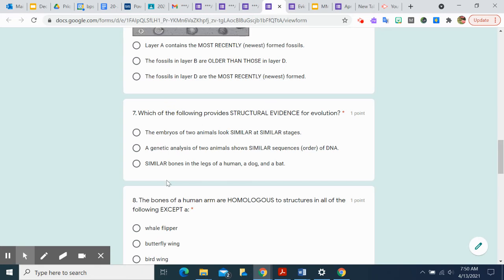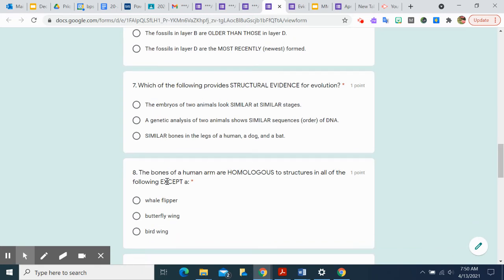Number 7, which of the following provides structural evidence for evolution? The embryos of 2 animals look similar at similar stages.